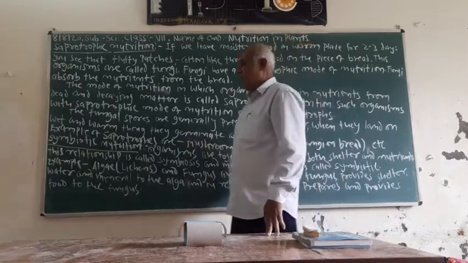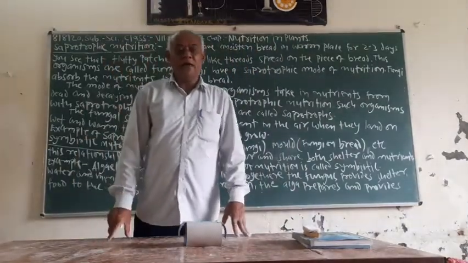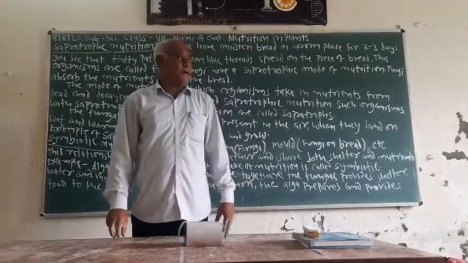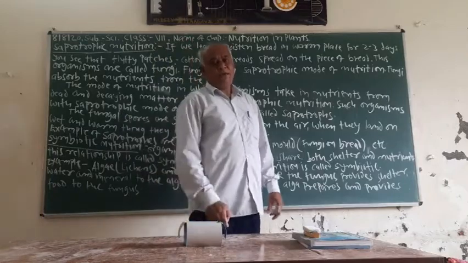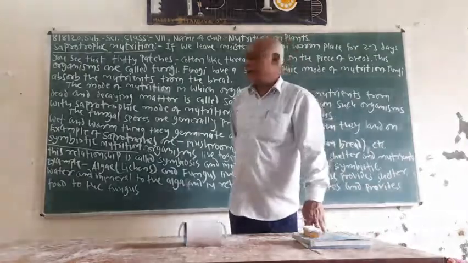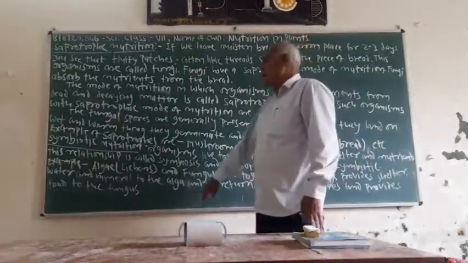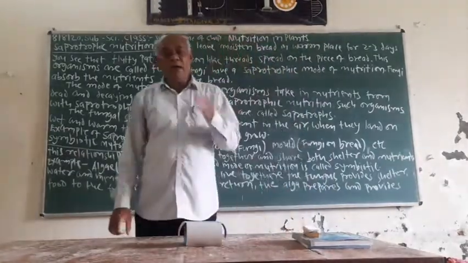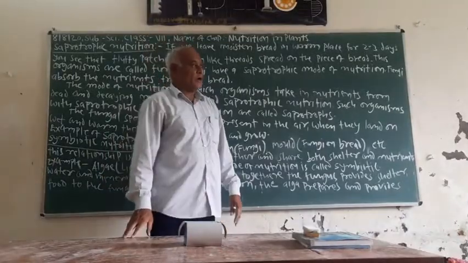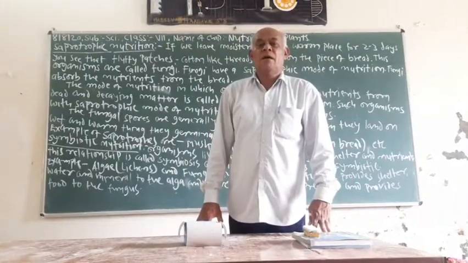If we leave a moistened bread for 2 to 3 days in a moist and warm place, after 2 to 3 days we see that some cotton-like threads or fluffy patches appear on the piece of bread. These cotton-like threads are nothing but fungi.